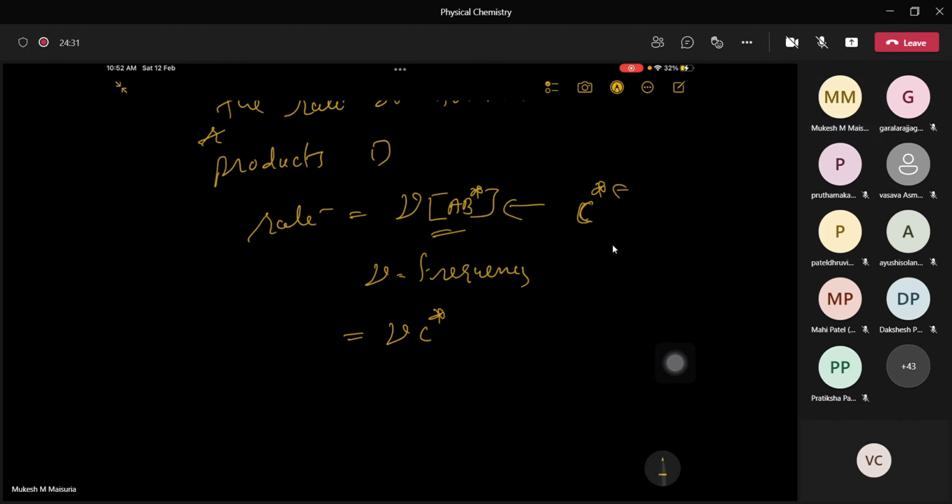Now we have considered two molecules, but in solution.